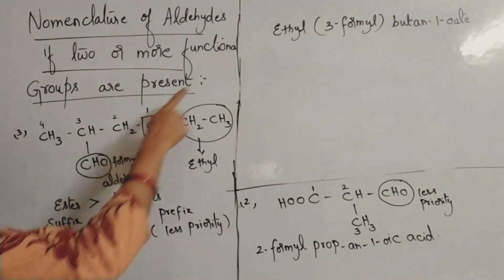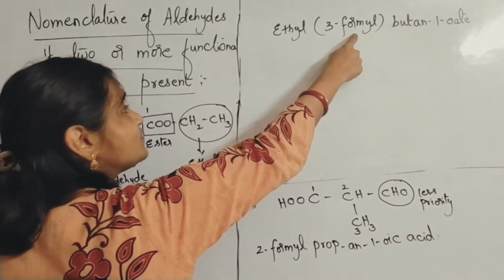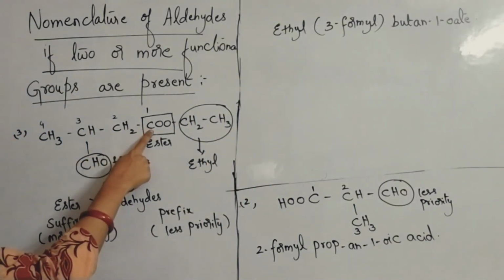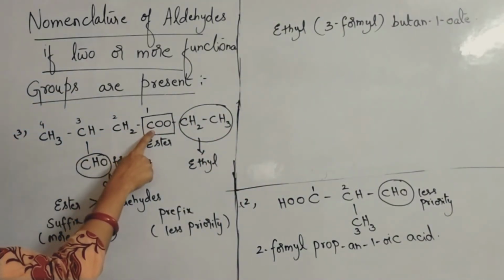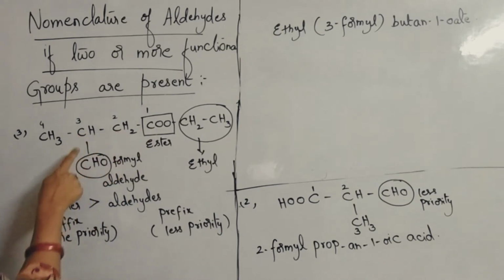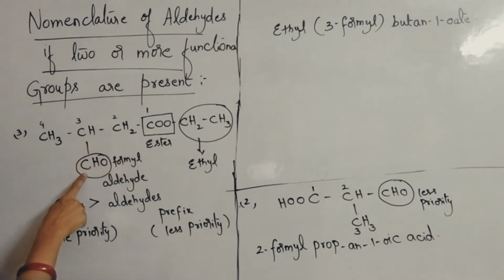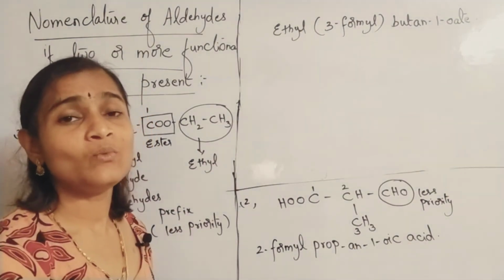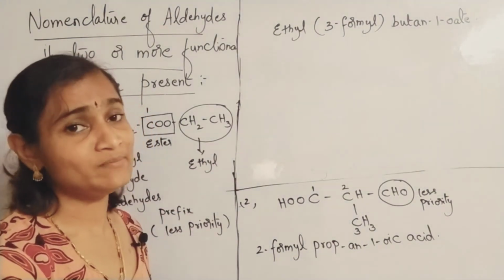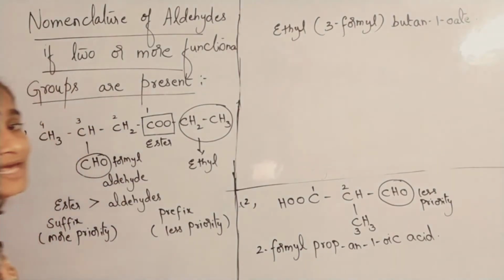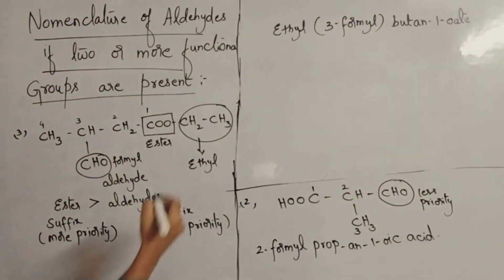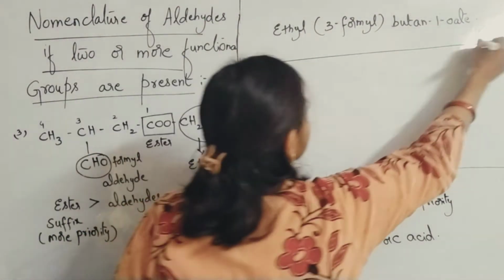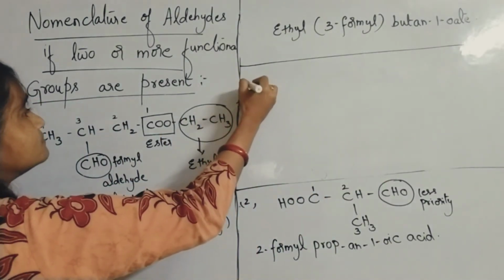So that's why you will be using the word formyl, and where this formyl is connected, you will start giving numbering from ester functional group. So 1, 2, for the third carbon formyl is attached. So ethyl 3 formyl butane 1OATE is the name of this compound. Please note down carefully.